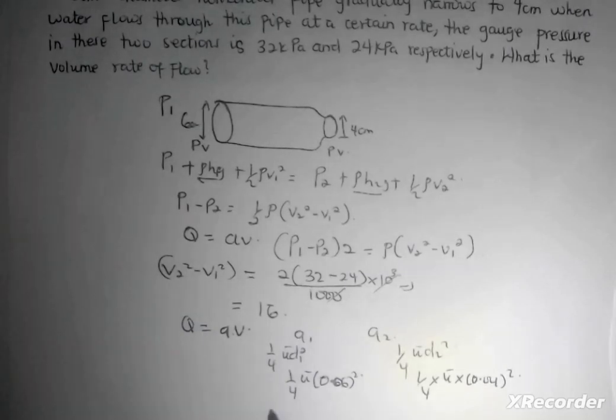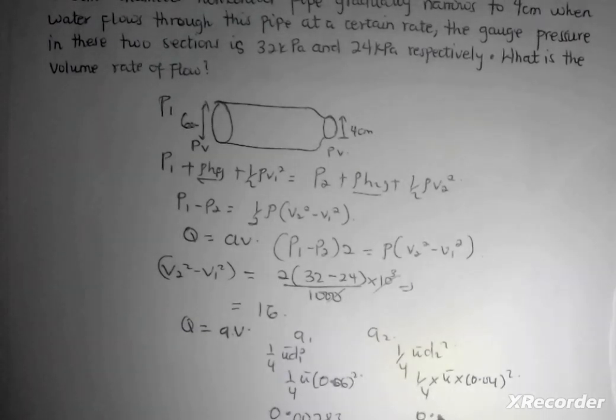That gives me 0.00283. Then for this side, 0.25 times 3.142 by 0.04 squared, and that would also give me 0.00126.